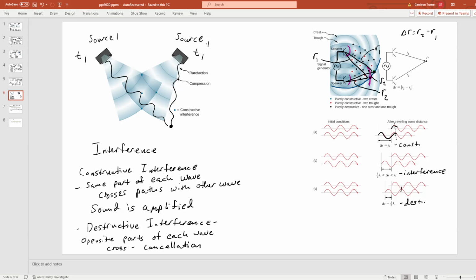We labeled this source 1, so we'll label this source 2.